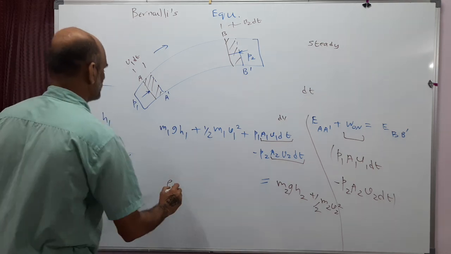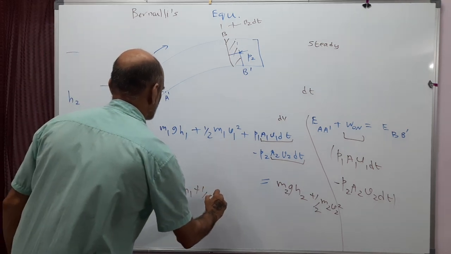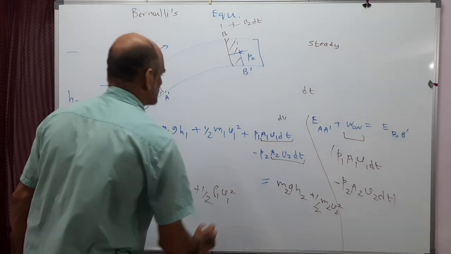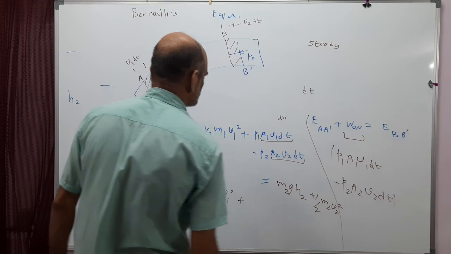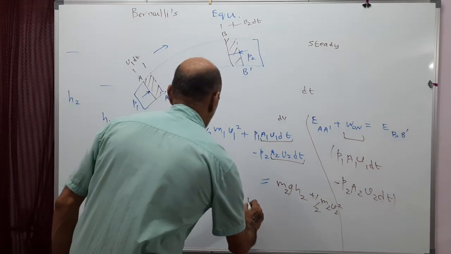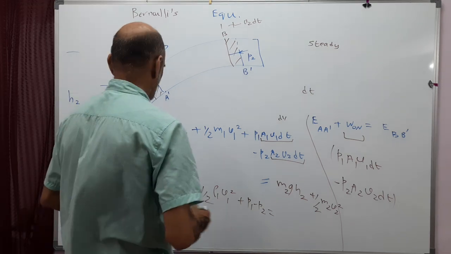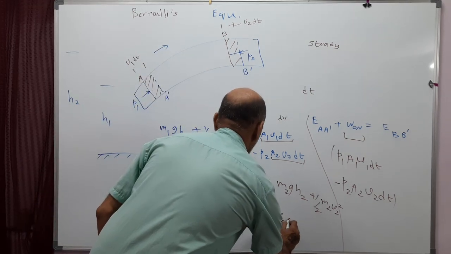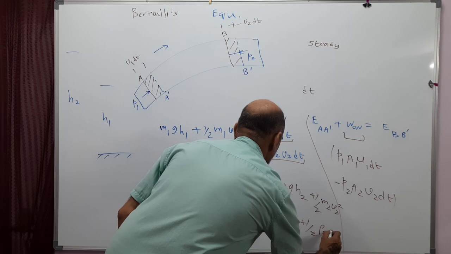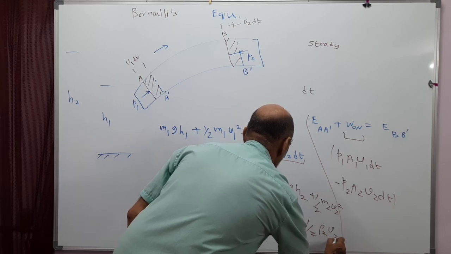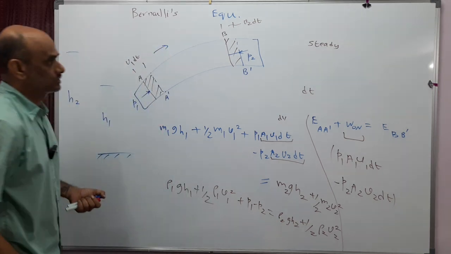So divide throughout by dV, we'll get rho 1 g h1 plus half rho 1 v1 square plus p1 minus p2 equal to rho 2 g h2 plus half rho 2 v2 square. So take p2 to the other side.